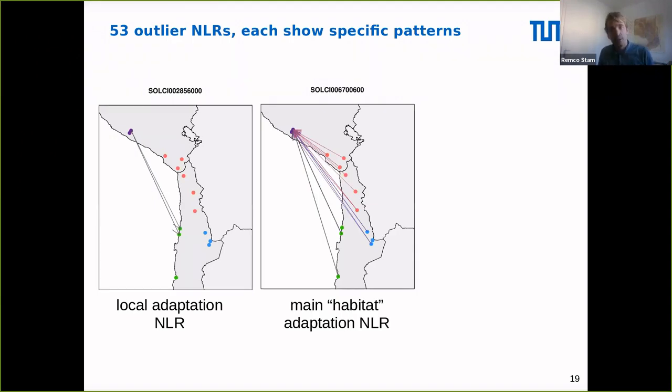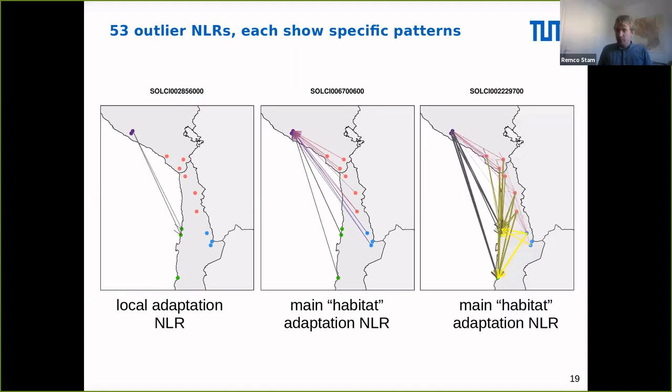So this one, and also this one. And these, where we really see these changes between all the populations, or most of the populations, compared to one other population, we think these must be the main habitat adaptation NLRs. So these are the NLRs that are kind of driving the adaptation or helping the species to really adapt to something new.